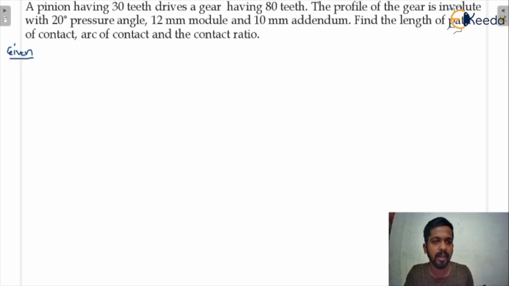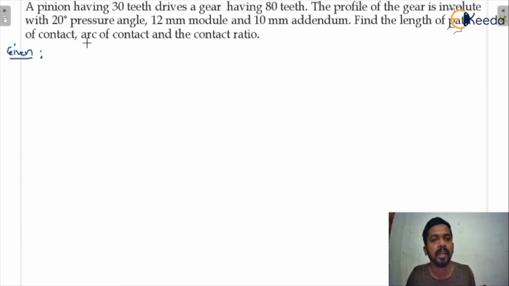When you write the given data, you just have to put these values into the equations that you are going to make. Otherwise you have to search where the data of module and the number of teeth is. Just write down the data given in the question and use that data in the equations that you are going to create.